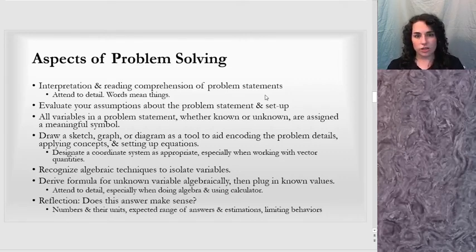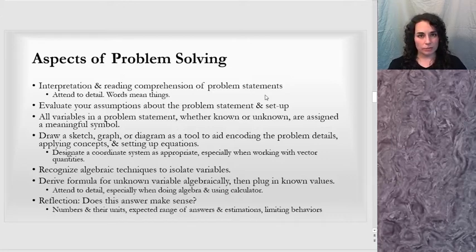Any sketch or diagram, and I will show you typical ones that help for some problem-solving situations. And there will be some that you will be required to know how to use, such as a free body diagram. You will be designating a coordinate system as appropriate.